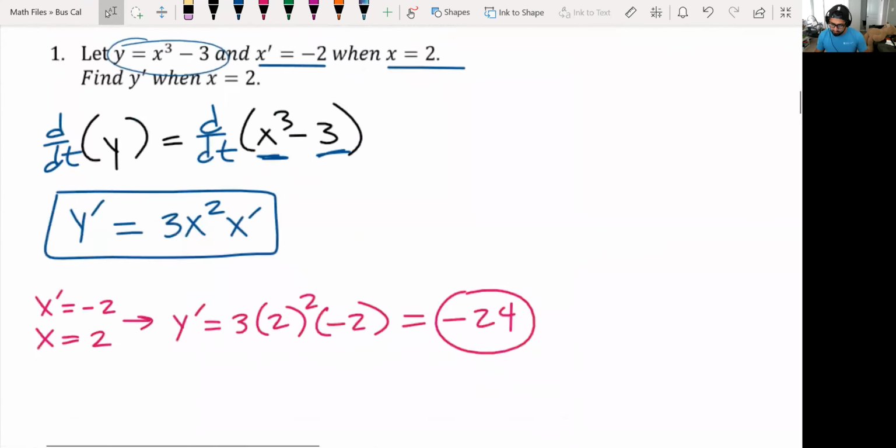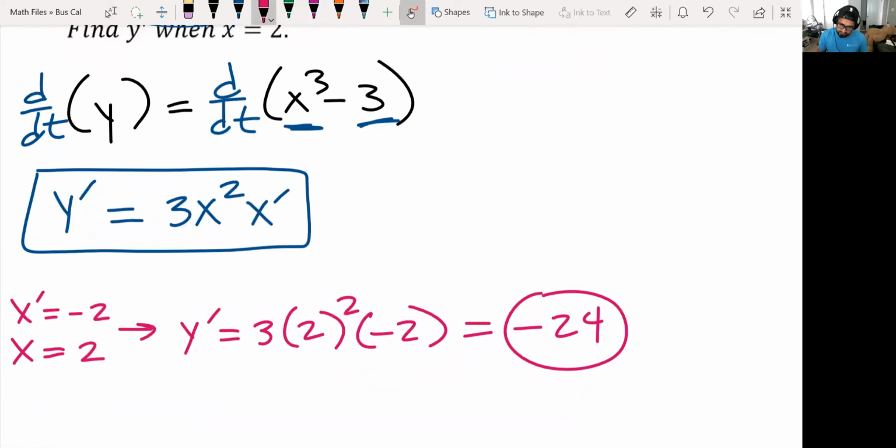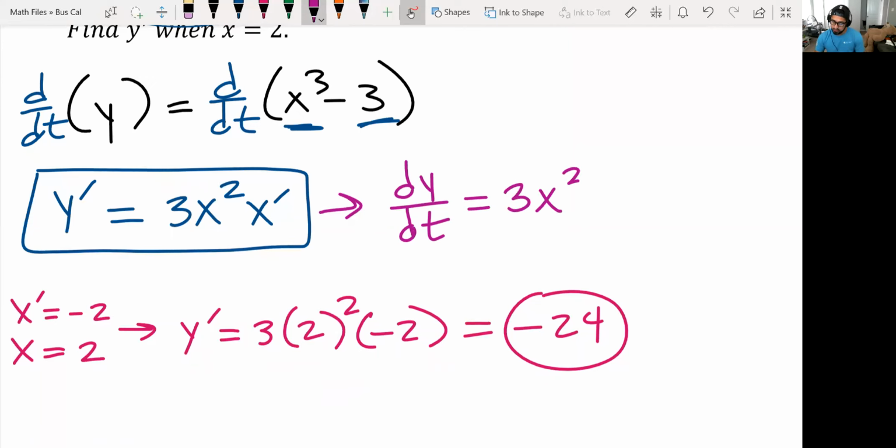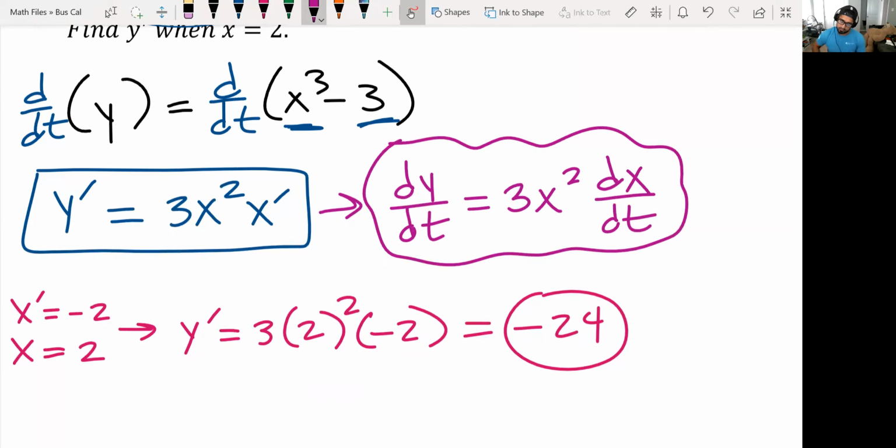Again, when I say handle the notations, let's say my math lab wasn't going to take this as an answer, then our answer would be dy over dt equals 3x squared dx over dt, which is definitely more complicated looking. Depends who you are, though.